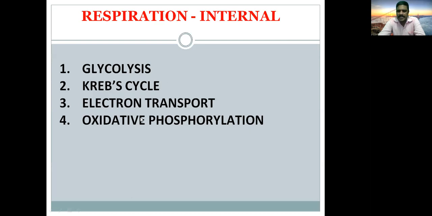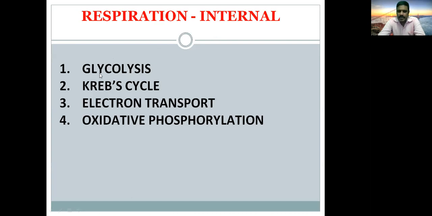All these four phases occur inside the cells. That's why it is called cellular respiration, and this is the real respiration. By definition, respiration is the energy liberation process that occurs inside living organisms. Energy liberation takes place in this third phase only, in cellular respiration only.